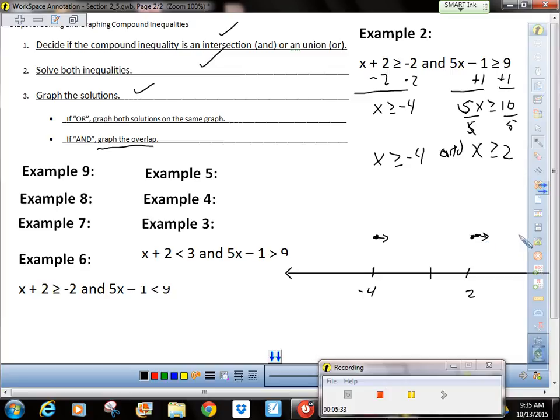So the place they'll overlap is from right here over. So 2 and higher. And a bracket on the 2, right? 2 to infinity. We always use a parenthesis on infinity because you can't actually reach infinity.